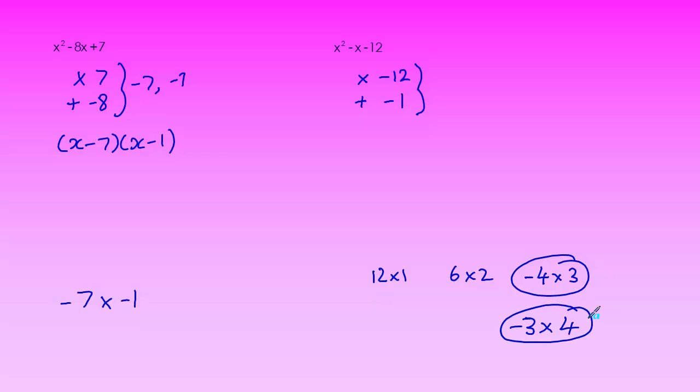Now this one here, if we add them, gives us plus 1. This one here, if we add them, gives us negative 1. So that's the one we want. So it's going to be negative 4, positive 3. And so we have x minus 4 and x plus 3.